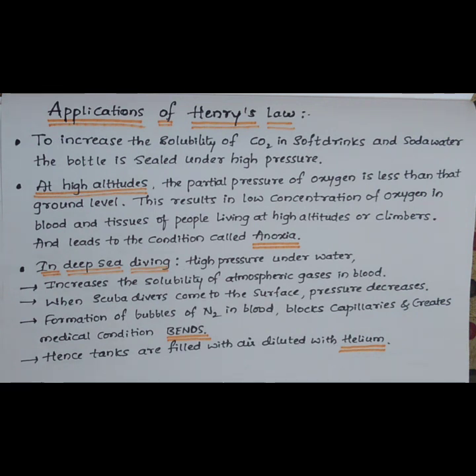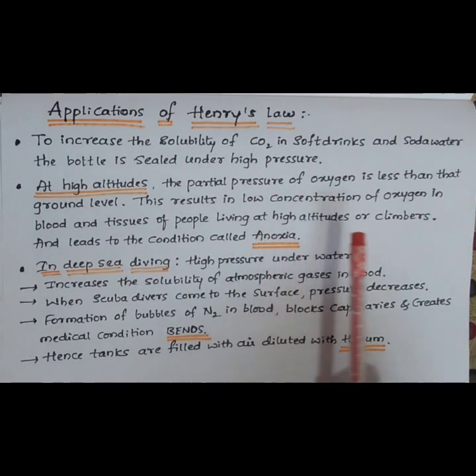As a result, people living at high altitudes are unable to think clearly, because oxygen will not be supplied in sufficient amount to the brain through the blood. Hence that condition is known as anoxia.